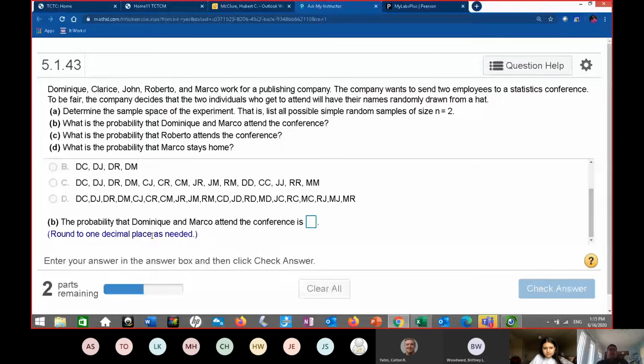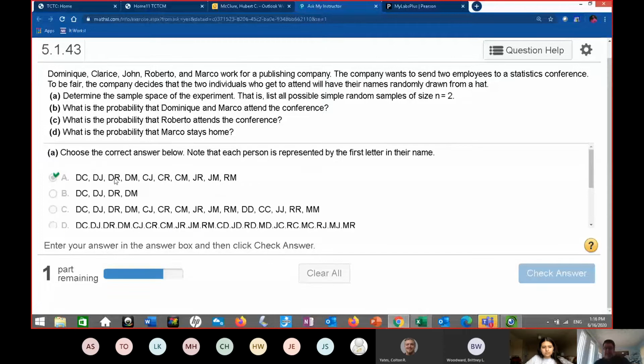Probability that Roberto attends the conference. Roberto, 1, 2, 3, and 4. 4 out of 10. Let's see, we may need to do that on a calculator. 0.4.